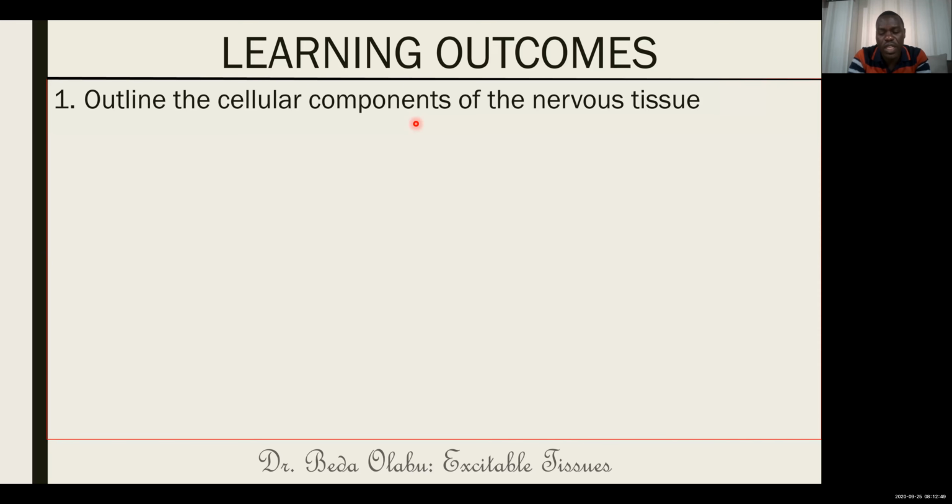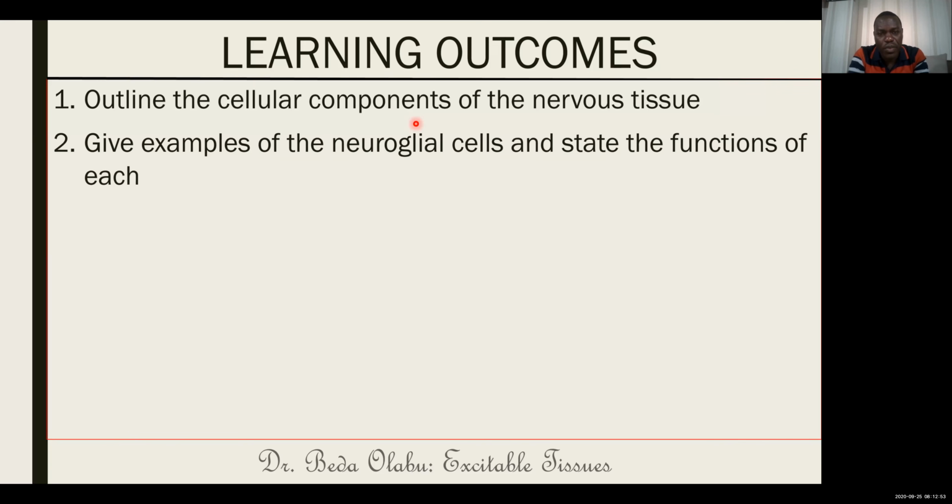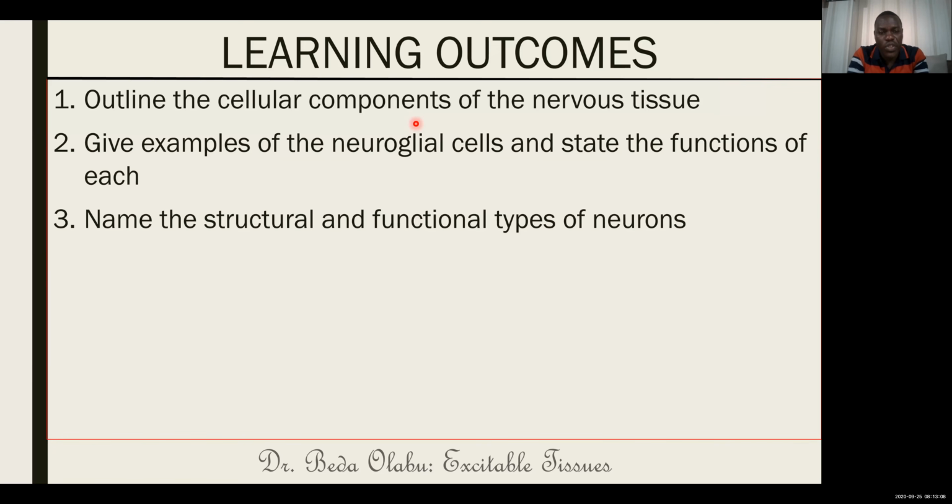And you're going to see how these cellular components are classified. One of those classifications is the neuroglial cells. For these, we are going to state their components as well as indicate the functions of each of those. For neurons, we will focus on their structure and their functional types.